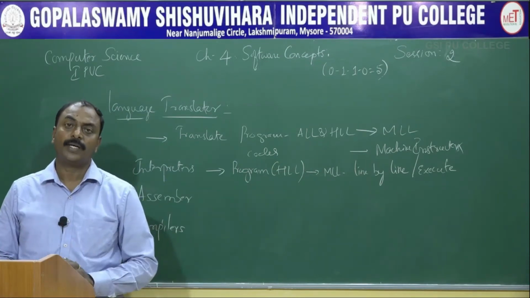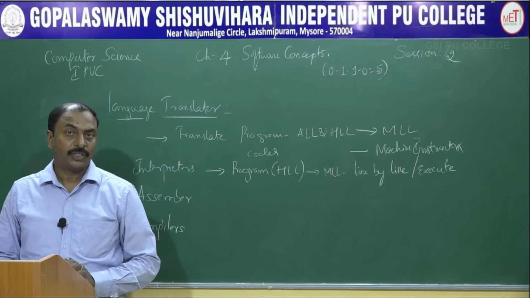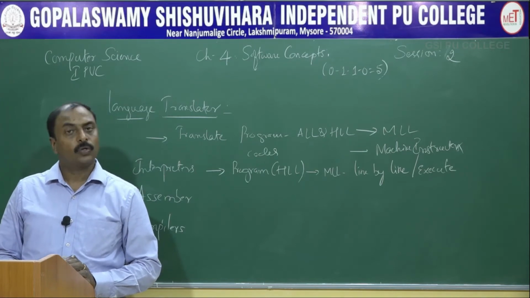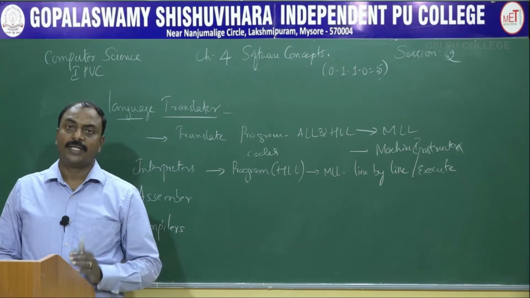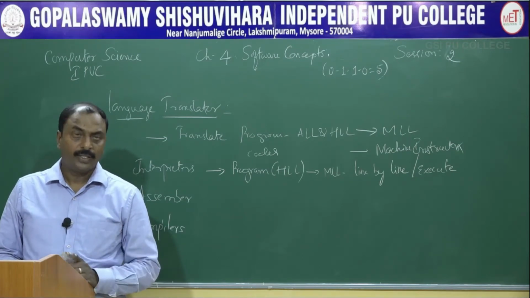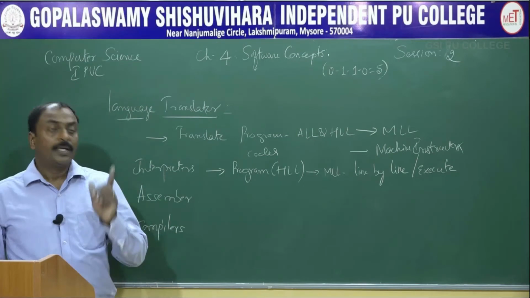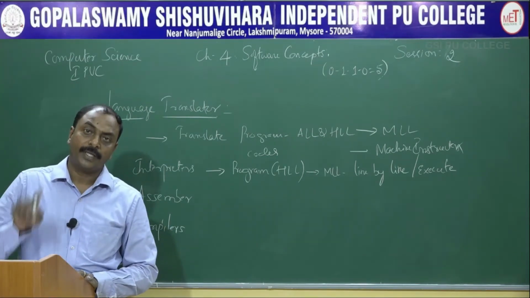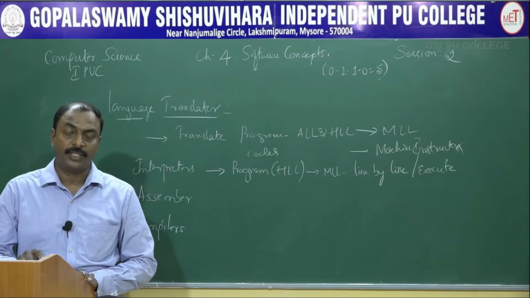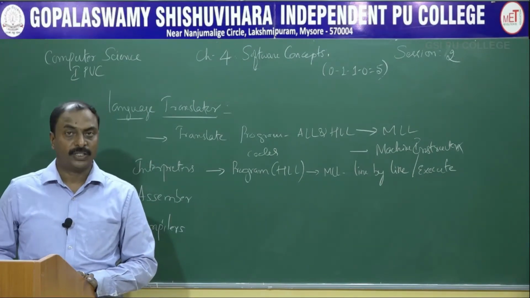For example, if a program has around 10 lines of instructions or 10 lines of code, what does the interpreter do? It first converts line number 1 and executes line number 1. After completing the execution of one instruction, it goes to the next instruction.